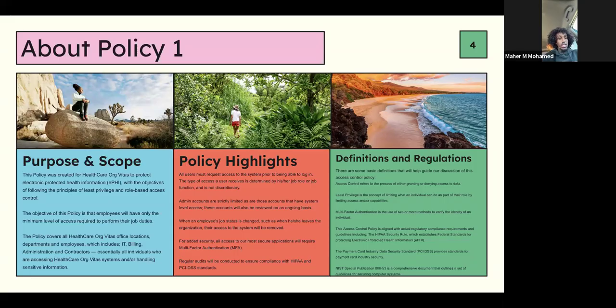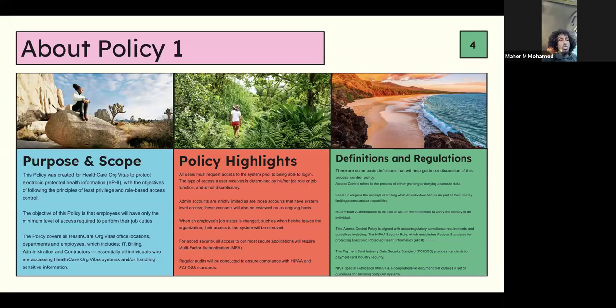The objective of this policy is that employees will have only the minimum level of access required to perform their job duties, and the policy covers all healthcare org Vitas office locations, departments, and employees, which includes IT, billing, administration, and contractors. Essentially, all individuals who are accessing healthcare org Vitas systems and or handling sensitive information.